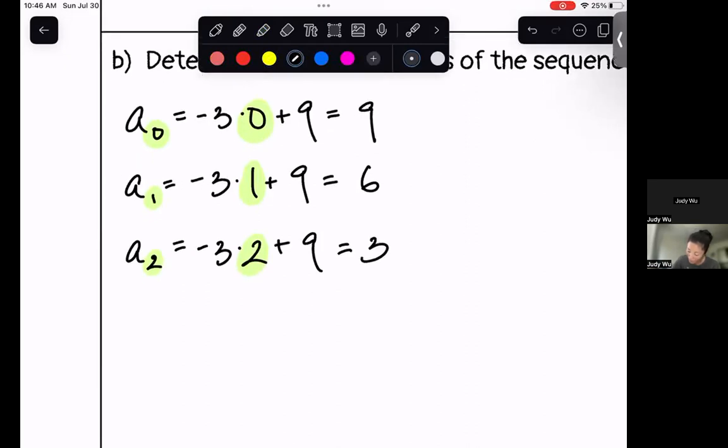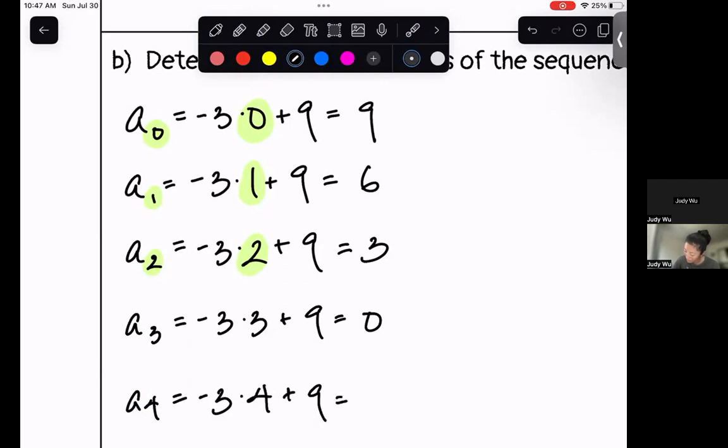Now we've got to find the first 5 terms, so I need a sub 3 and a sub 4. This will give me 1, 2, 3, 4, 5 terms altogether. All right, negative 3 times 3 plus 9 is 0. And finally, negative 3 times 4 plus 9 is negative 3.